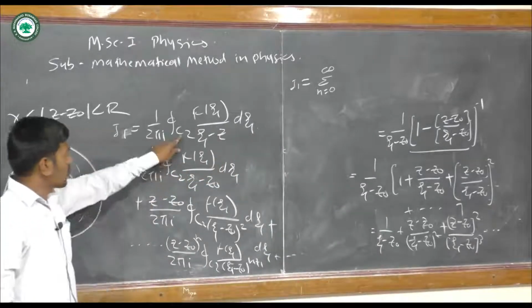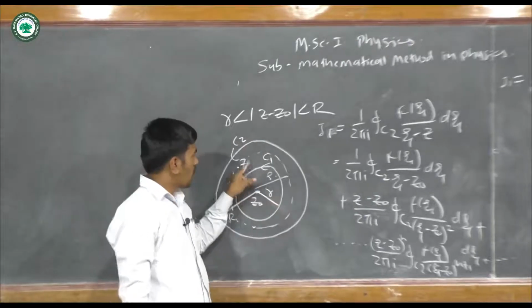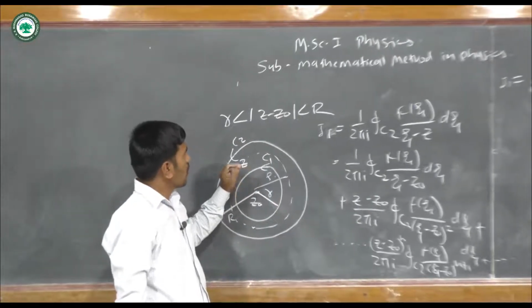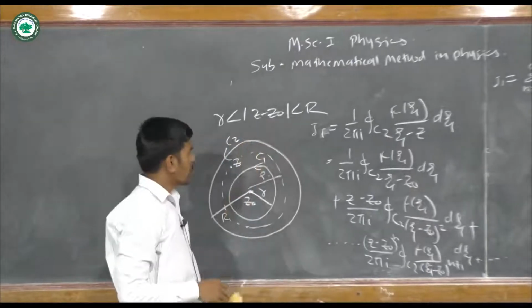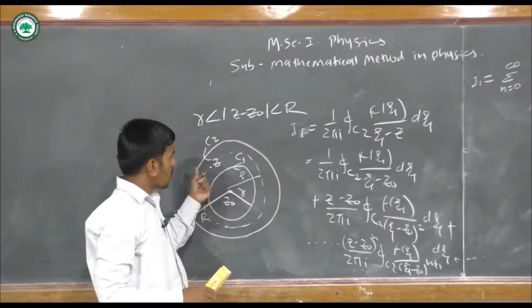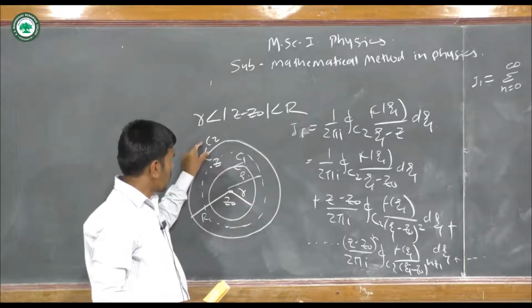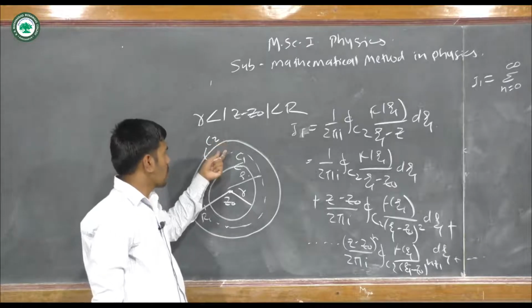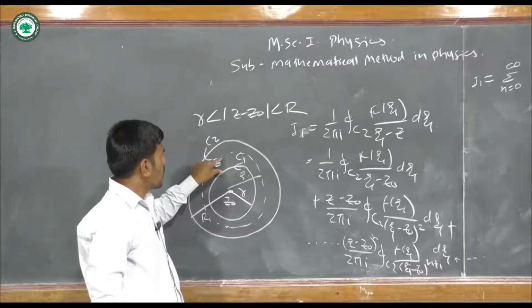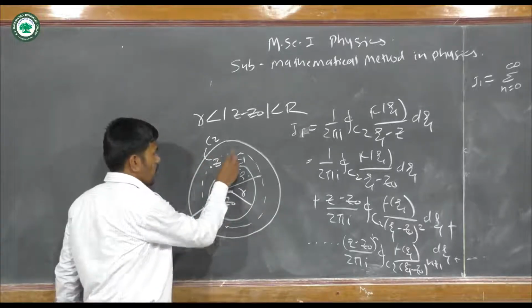Now one more point, this we integrate along this C2. Okay, but this z minus z naught is equal to rho if I consider. So according to the principle of deformation of path, if we change this path C2, we replace this C2 with the rho.